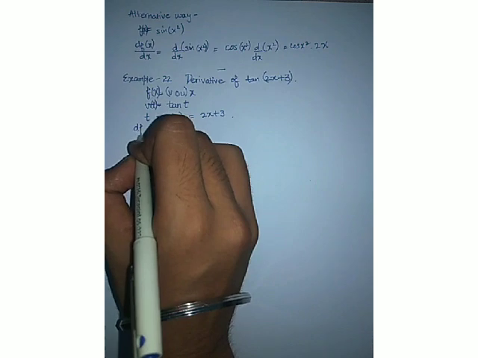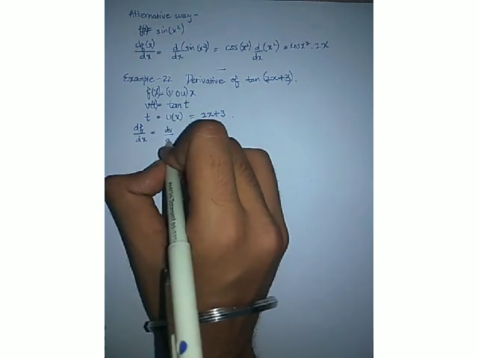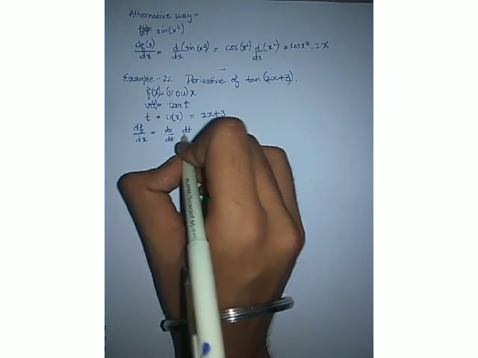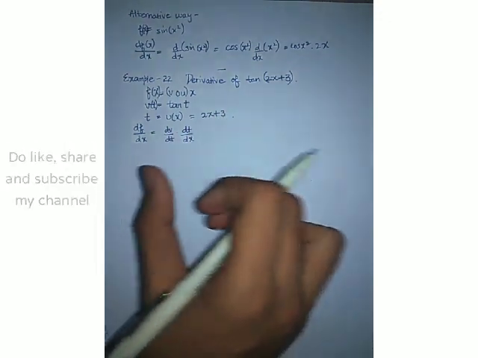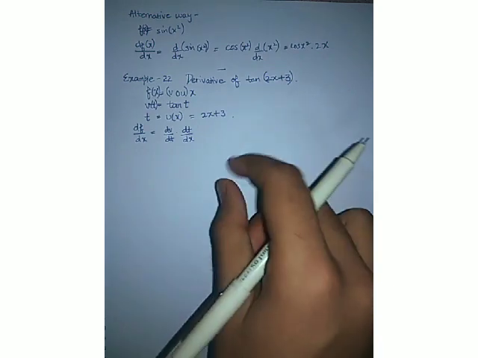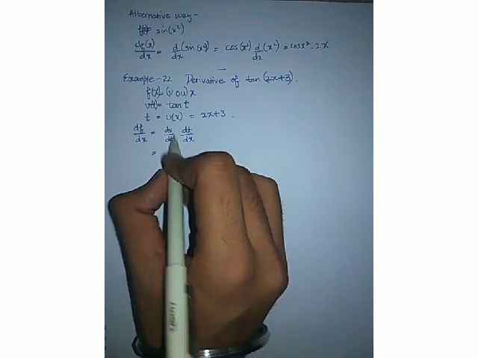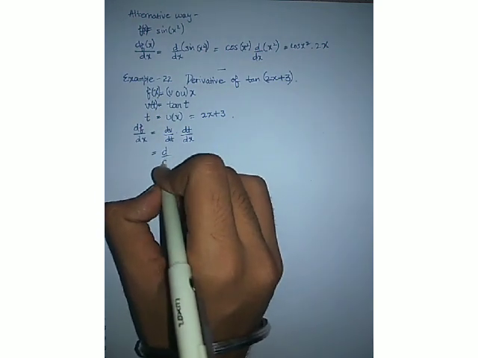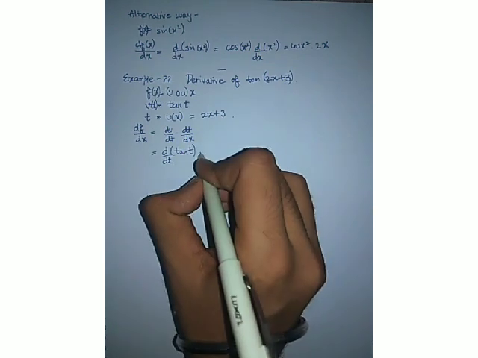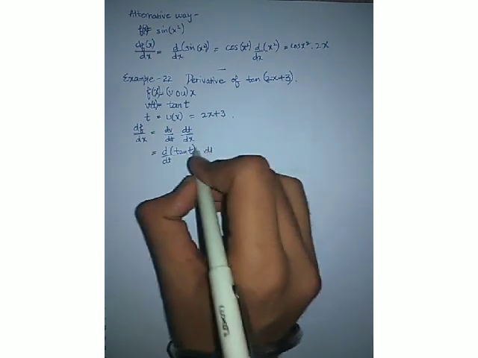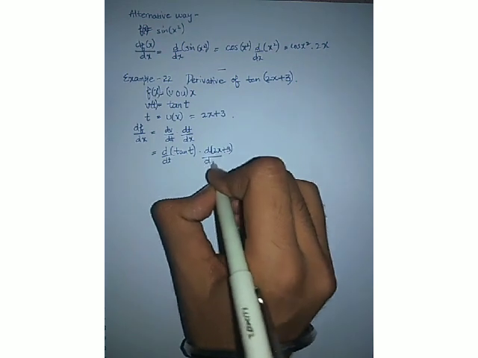So what is df upon dx? That is dv upon dt times dt upon dx. Clear? I am not solving it separately because I have done that in my previous video, so I am solving it simultaneously in this step. What's dv upon dt? Differentiation of tan t with respect to t will be multiplied by differentiation of 2x plus 3 with respect to x.